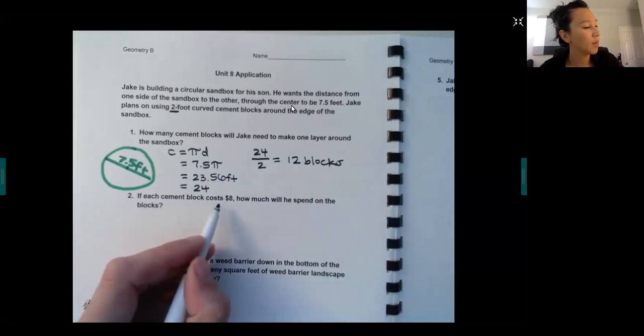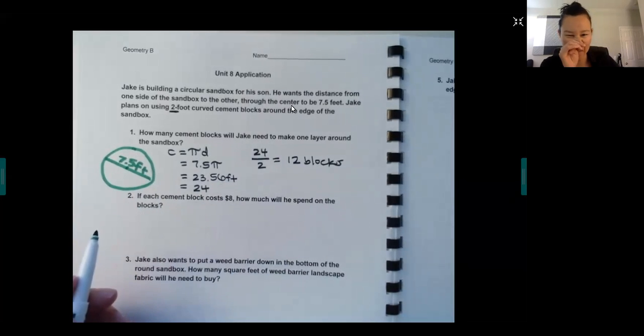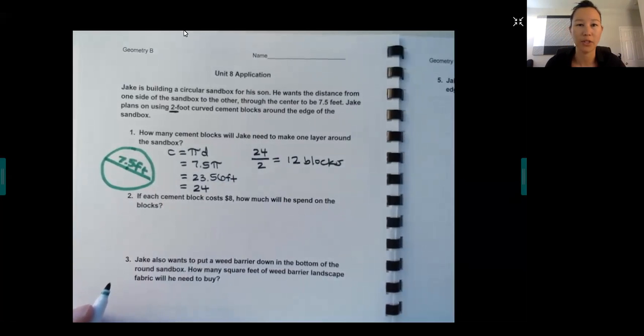Okay, so if each cement block costs $8, how much will he spend on the blocks? You guys go ahead and do that one and then send it to me in the chat once you get it.